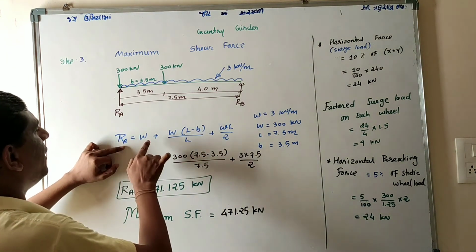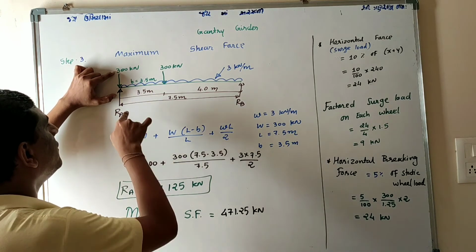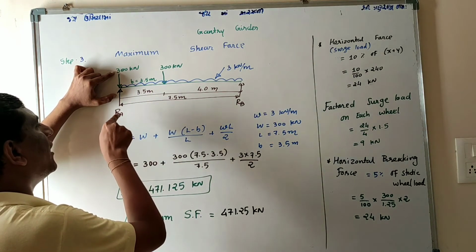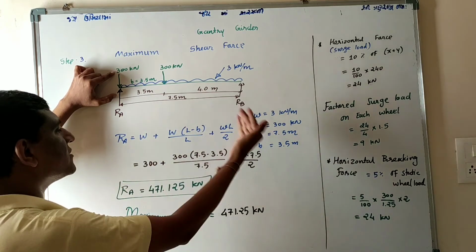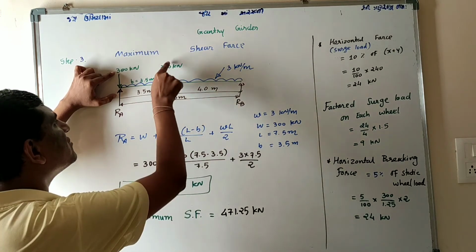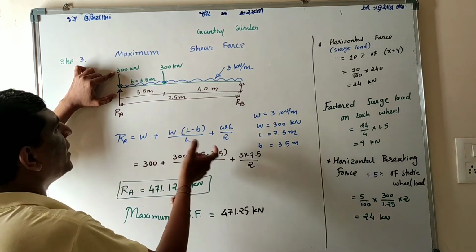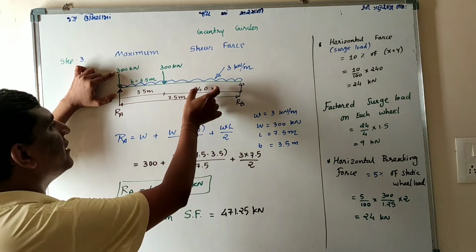Reaction RA will be W, that is this 300 kilonewton will act on reaction RA. So reaction RA will be 300 plus something, and next this 300 will be multiplied by this 4 meter. And what is that 4 meter? How will we calculate that 4 meter?